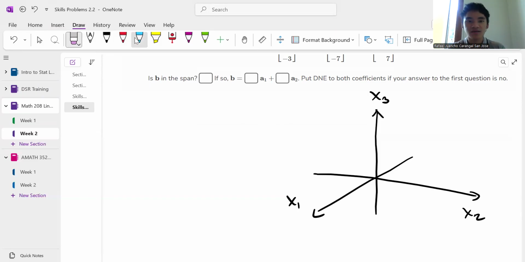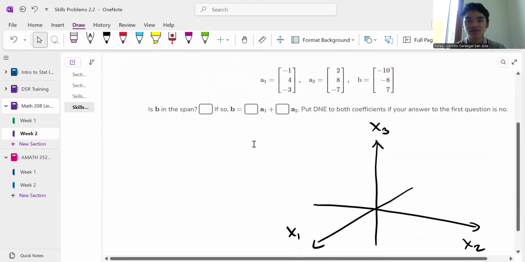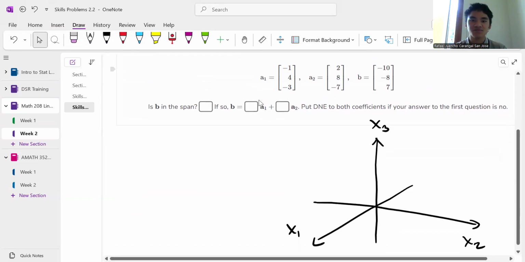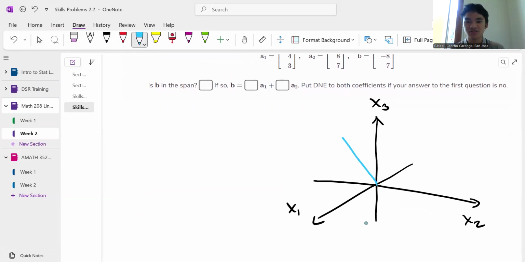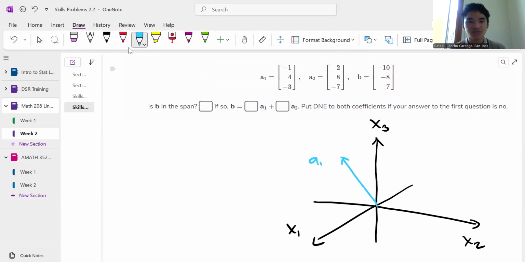Okay, and now what does it mean to be in a span? Let's say this a sub 1, negative 1, 4, and 3 is that vector. Let's say that's a1. a2 is, let's say, this vector here.